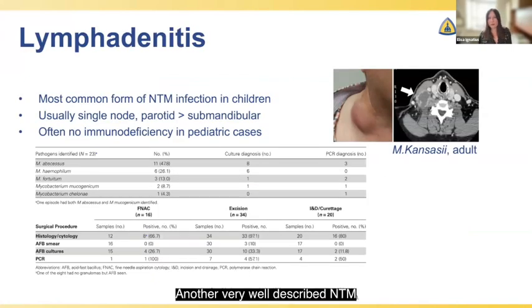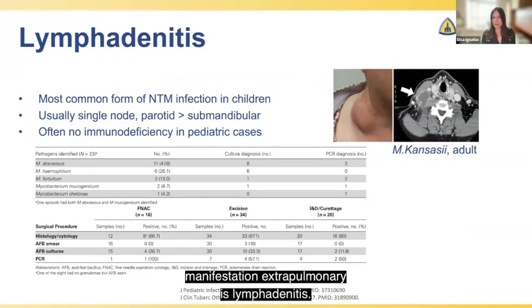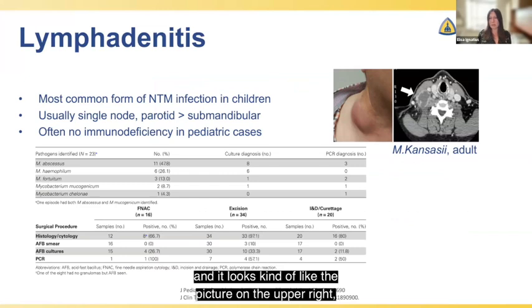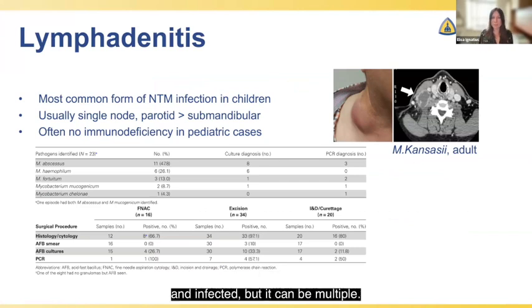Another very well-described extrapulmonary NTM manifestation is lymphadenitis. It's actually the most common form of NTM infection in children. And it looks kind of like the picture on the upper right, although this is actually an adult patient. It is most commonly a single lymph node that's enlarged and infected, but it can be multiple.